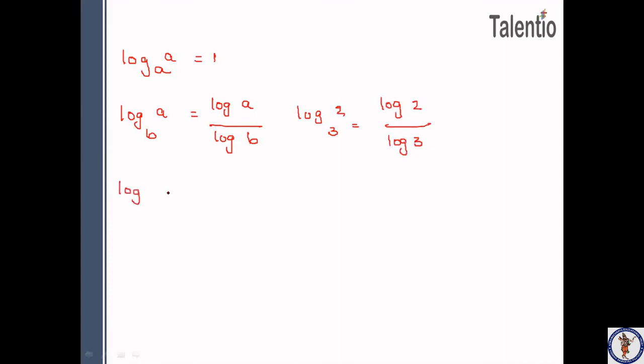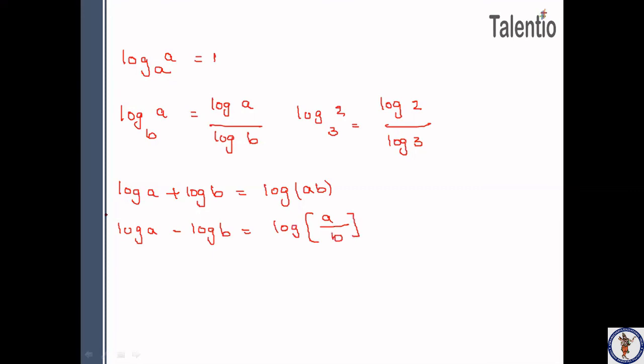Next, log A plus log B is log of AB. So log of AB means log A plus log B. Now, log A minus log B is log of A by B. Many people get confused with these two things.